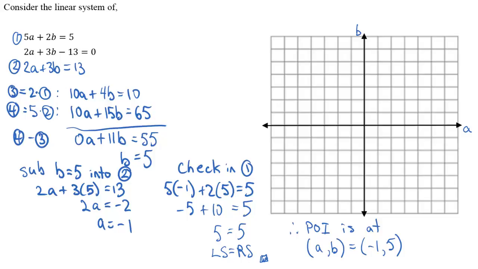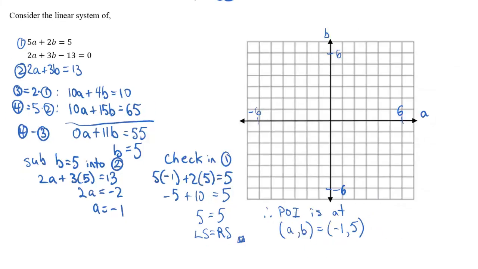And let's set each unit to be 1. So this will be 6, this will be 6, this will be -6, this will be -6. All right. Let's carry on and get our a and b intercepts for 1. For my a intercept, I let b equals 0.